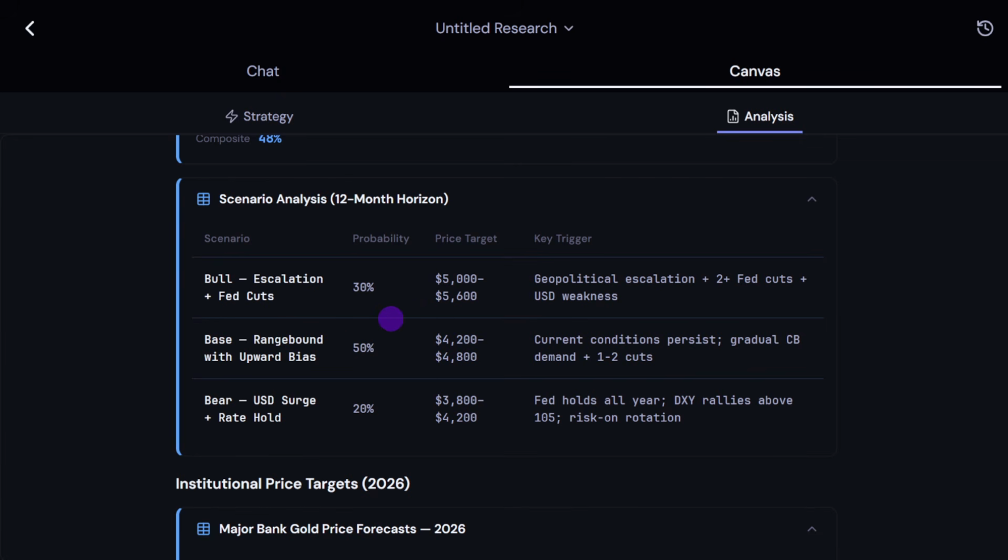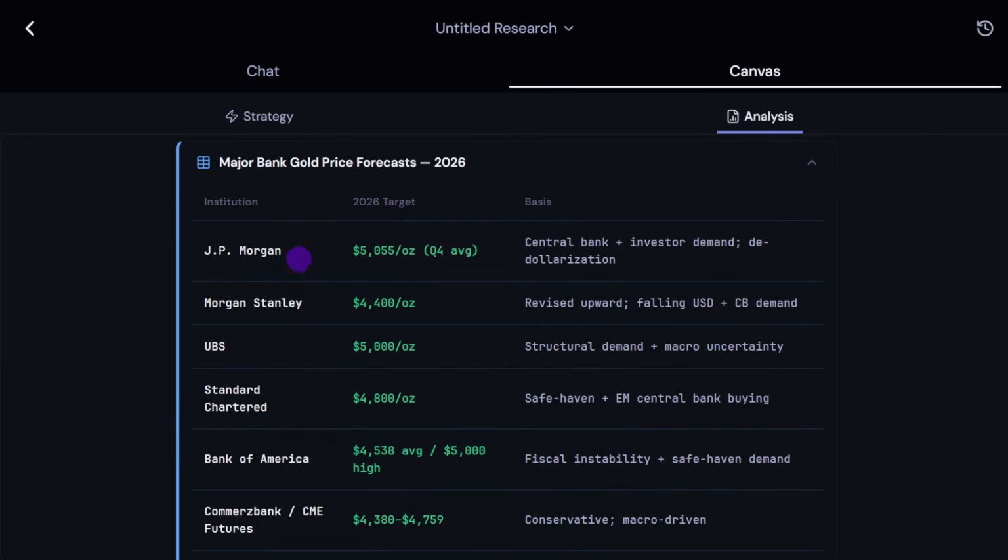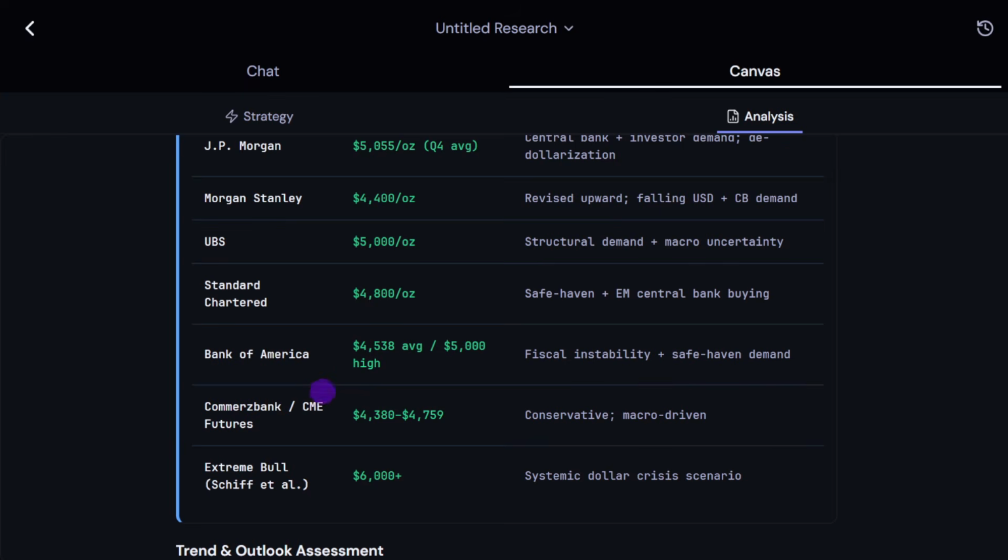Now, I'm not an expert on these fundamental economics and financial news and so on. I'm more of a technical person, but I find this very interesting if you're looking for an investment approach rather than day trading and technical analysis and so on. Then we have the institutional price targets for 2026, JP Morgan, Morgan Stanley, UBS, and so on.